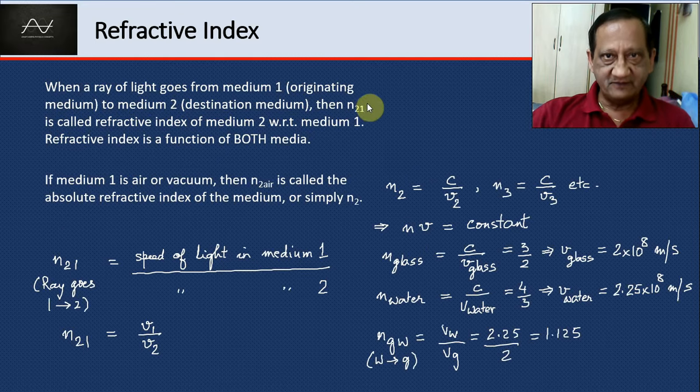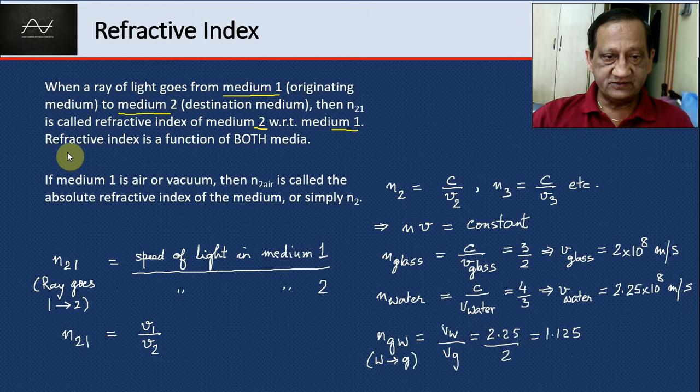When a ray of light goes from one medium to the other, we will call medium 1 the medium in which the light originates and medium 2 the medium into which it goes. Then N21 is called the refractive index of medium 2 with respect to medium 1.